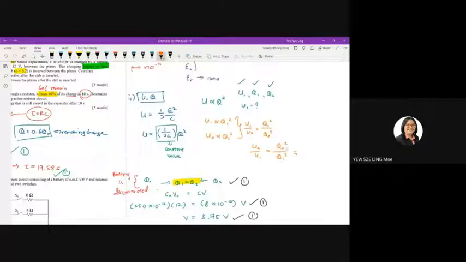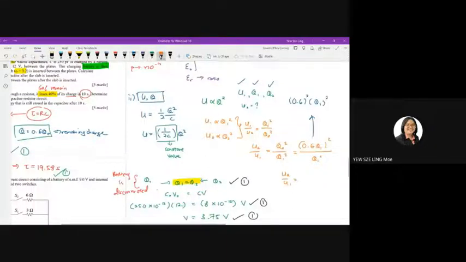So it is equal to my Q2. Q2 is 0.6 Q1, and then square the whole thing over Q1 squared. If you got it right, U2 over U1 is then equal to, when you put 0.6 Q1 squared, you are going to square 0.6 and you are going to square Q1.